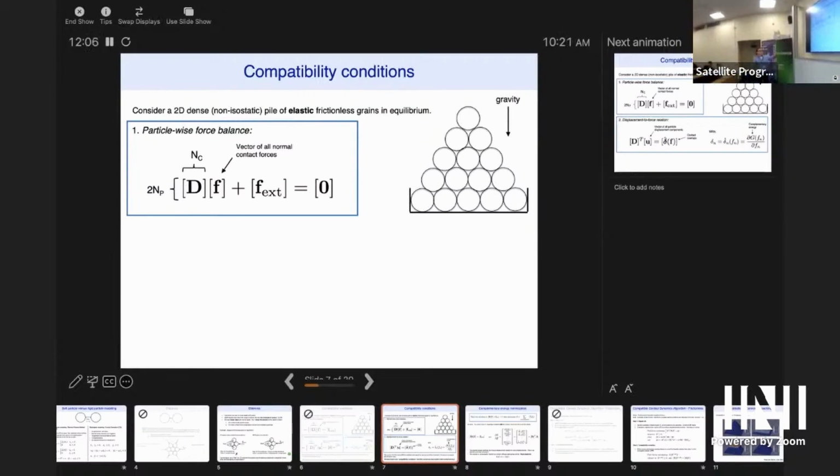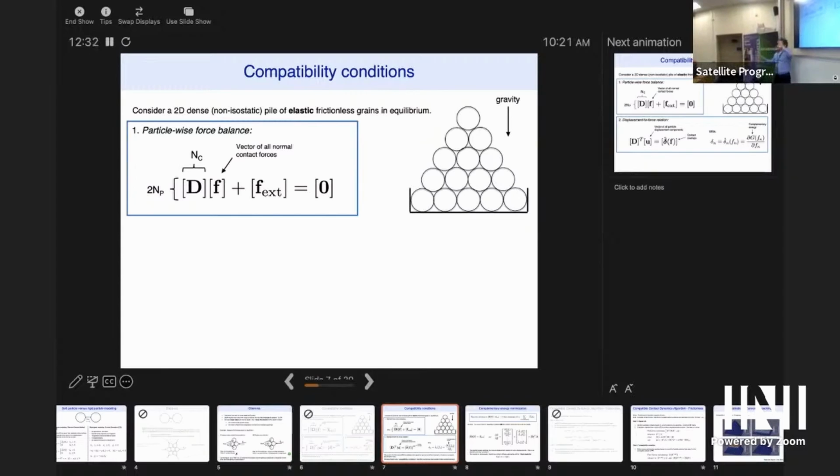So that's a matrix times a vector of normal contact forces, that's the unknown that I'm solving for. External force in this case is gravity, or from the bottom holding it up. And this assembly matrix is NC by 2NP, that's the number of contacts, and twice the number of grains because I'm in 2D.